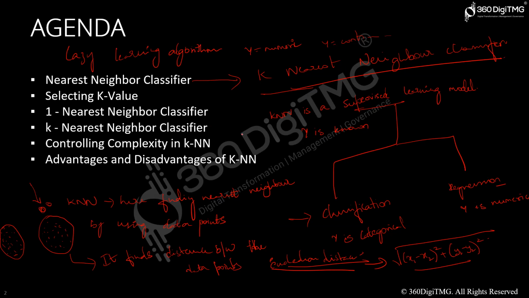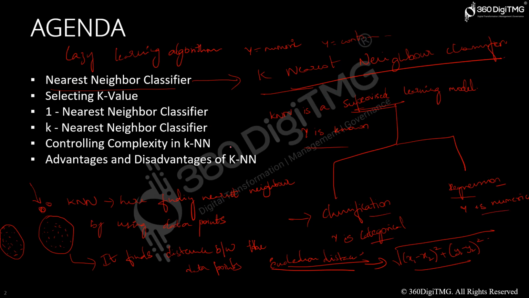Okay, this is the basic info of the nearest neighbor classifier, KNN. It is a supervised learning model where Y is known. It is divided into classification and regression. When to use classification? When we have categorical data. When to use regression? When we have numeric data.